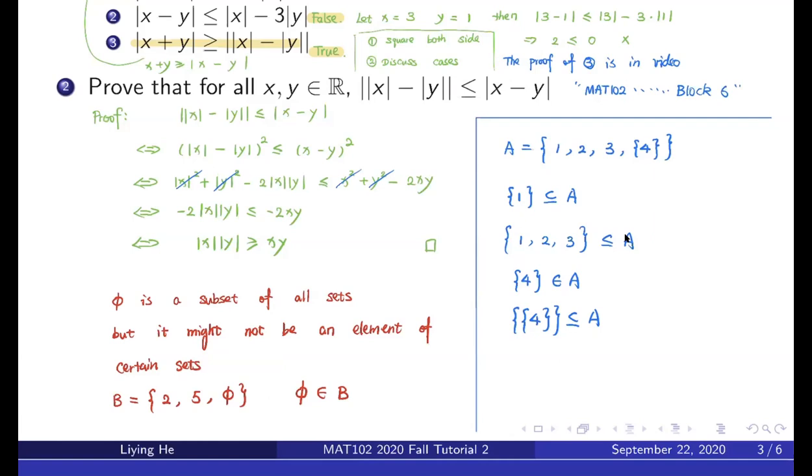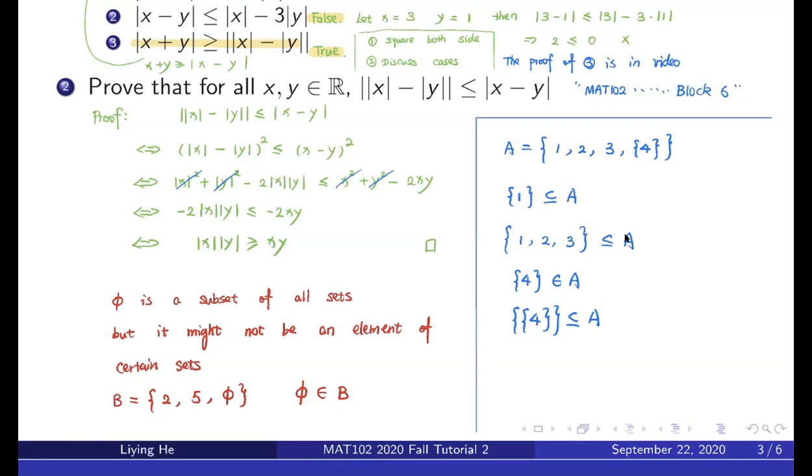For example, we know that an empty set is a subset of the rational numbers, right? But that doesn't mean that the empty set is an element of the rational numbers, right?